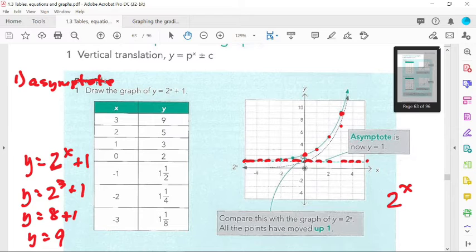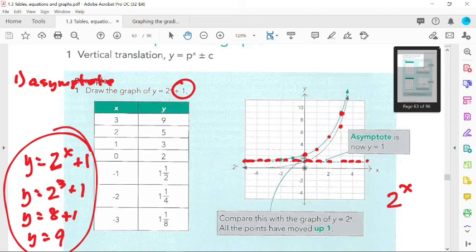All right. Let's look at what happens. So here, again, we're just adding the 1, so that just means it shifted everything up 1. So if you remember that 2 to the 3rd is 8, 2 to the 3rd plus 1 is going to be 9. So if you want to work it out, it always works, right?